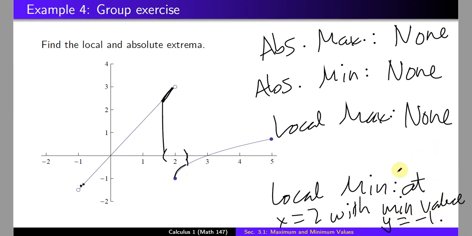There we go. Okay, so we only had one of the 4 in this case. Again, because we had a function that's not continuous, and we did not have a closed interval. So you can have kind of anything happening here.